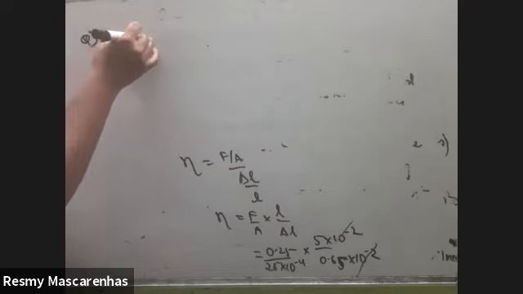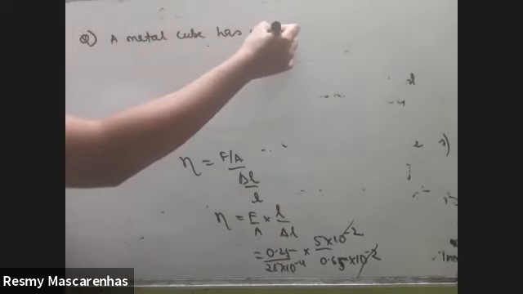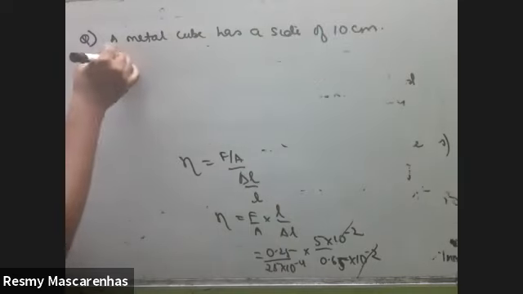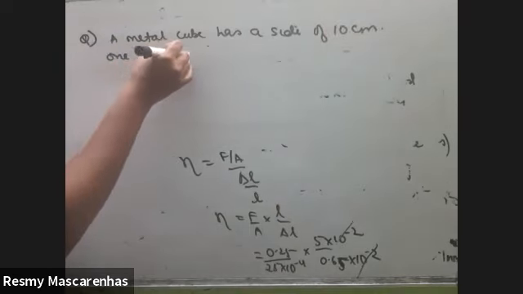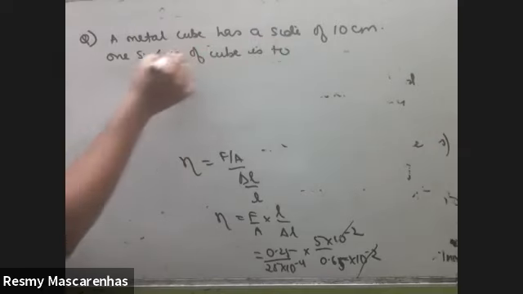A metal cube has a side of 10 centimeter. One surface of the cube is, surface means one face, okay?